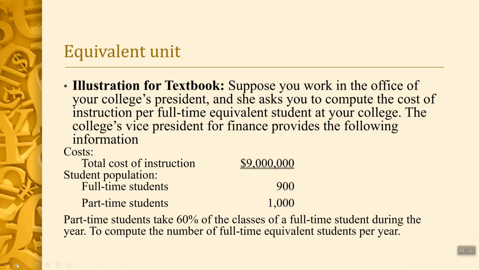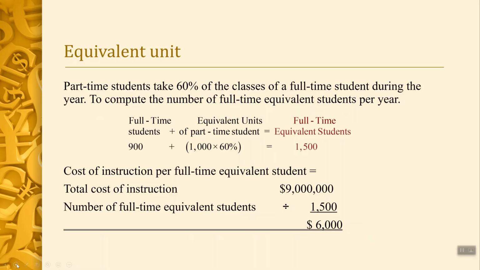Part-time students take 60% of the class of a full-time student during the year. To compute the number of full-time equivalent students per year, we're going to add the full-time students, which is 900, and then 60% of the part-time, because 60% of that part-time is equivalent to full-time students.